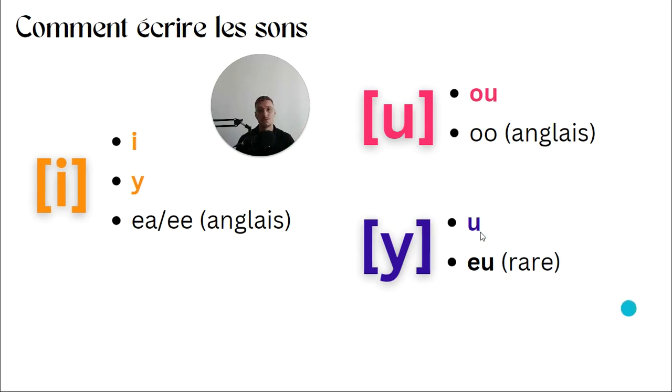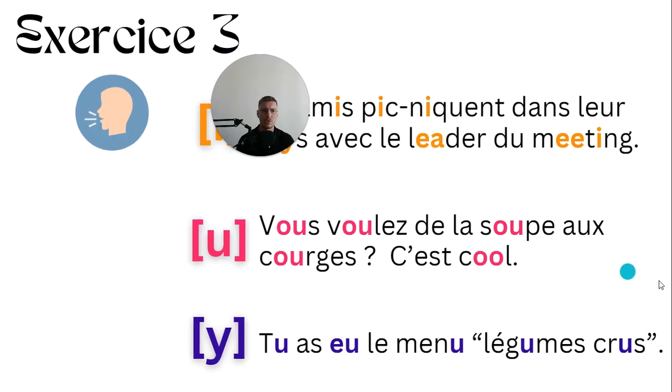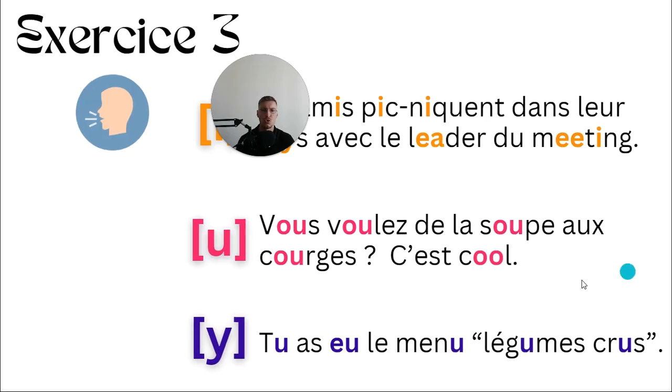And U is always spelled U. There are a few weird cases. I don't really review them, but for example, tu as eu. So what's this here? U. For those of you who know at least the A1 level, you should be able to tell me what this is.